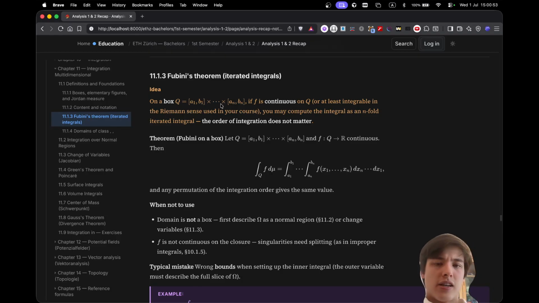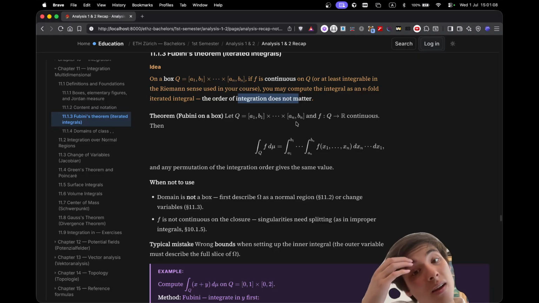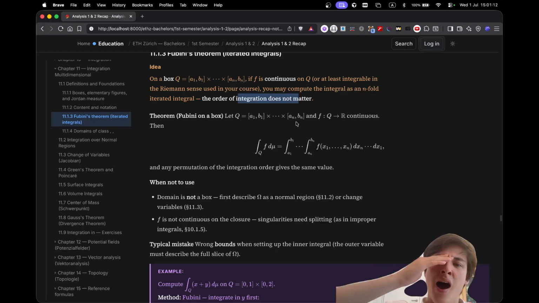We can exchange the integrals. I think here it was Fubini. The order of the integral does not matter. It's continuous.